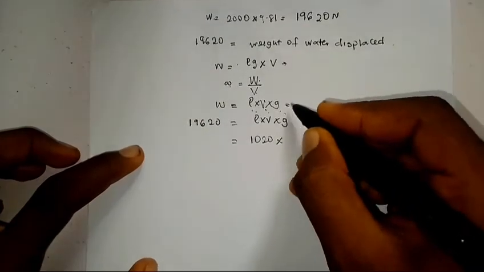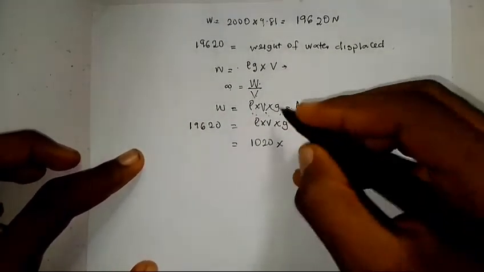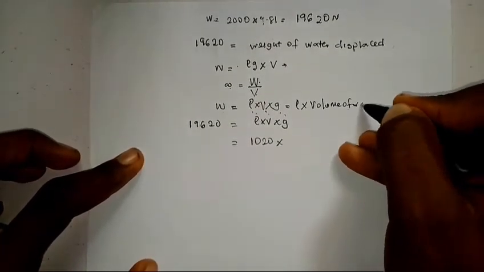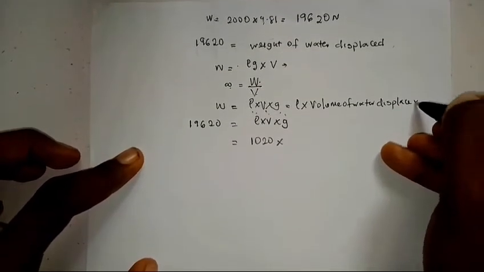Now this is the density of water displaced times the volume of water displaced, times the constant.